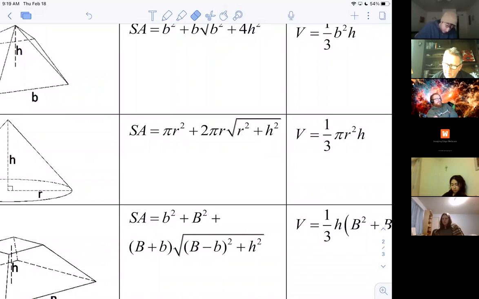Not what we got. So we got the r squared plus h squared square rooted, but we got the 2 canceled and we got pi r squared over h. So it's like a little off, right? Dang.